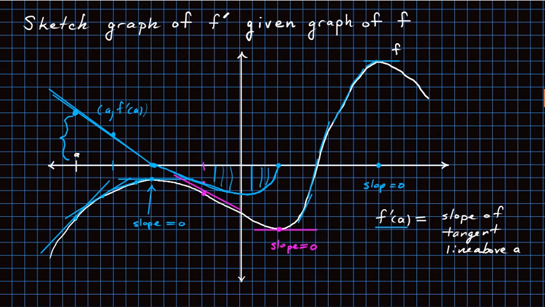So the value of f prime, which is the slope of f, is going to be positive up until I get to this point where the slope is 0. Over here, the slopes are negative, so the value of f prime becomes negative, meaning it goes below the x-axis. So that's a sketch of the derivative f prime.